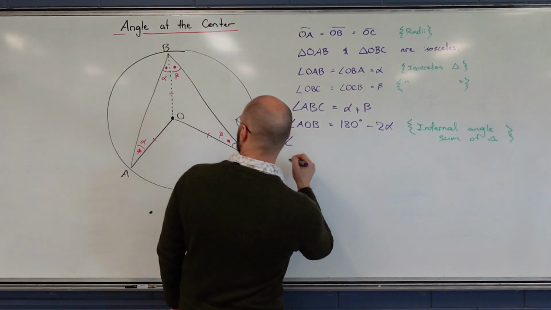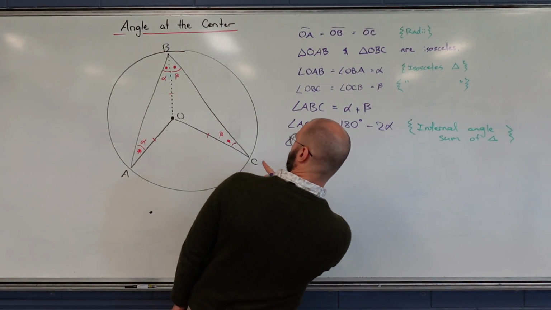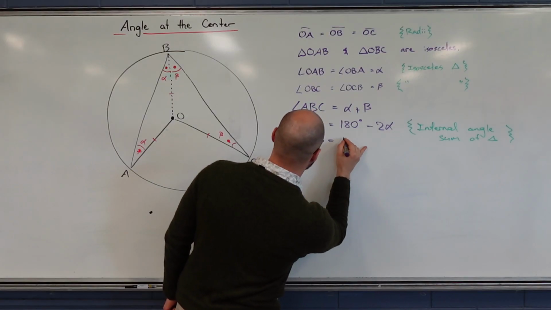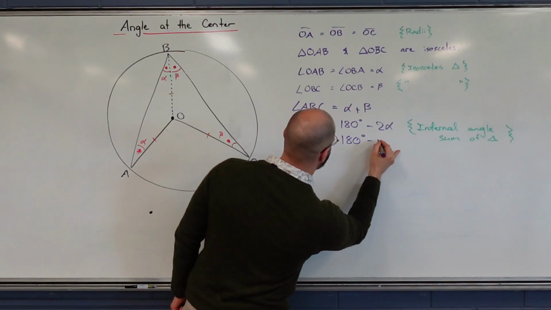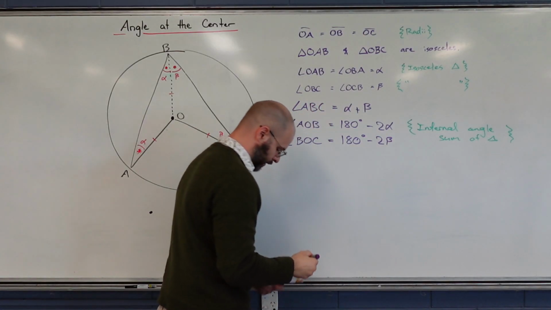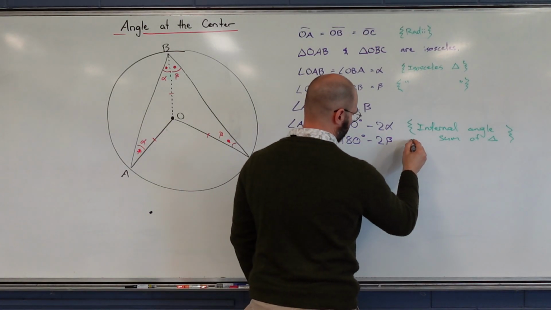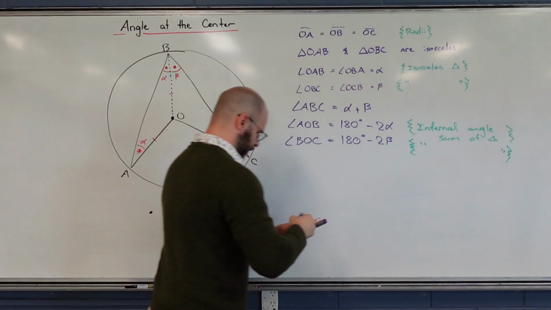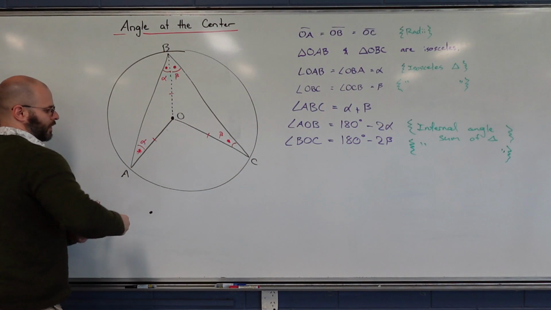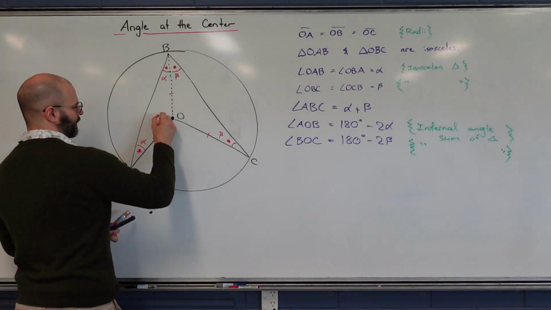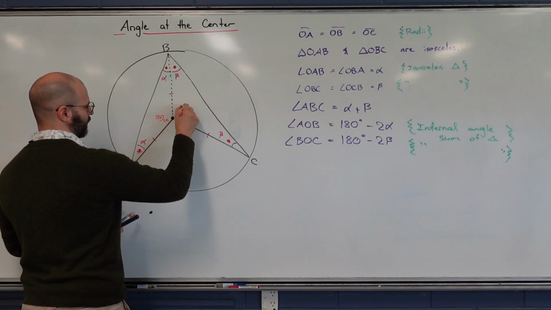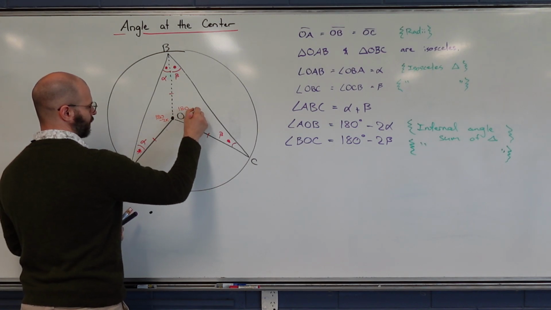Likewise, it will be COB or BOC. Doesn't matter which one we do. 180 take 2 beta. And it's the exact same reason. So, because of that, this is 180 take 2 alpha. This is 180 take 2 beta.